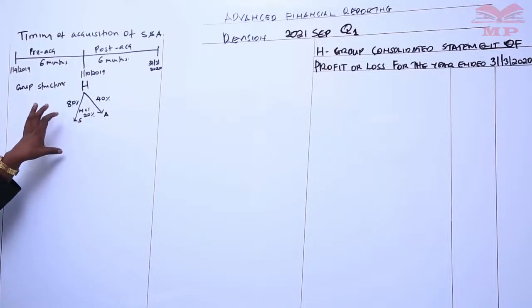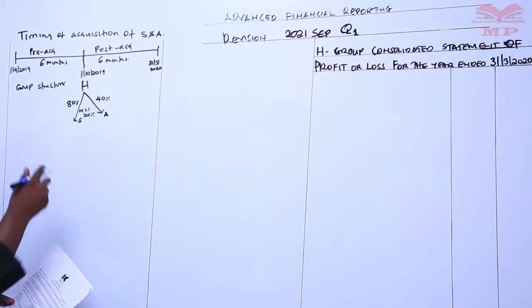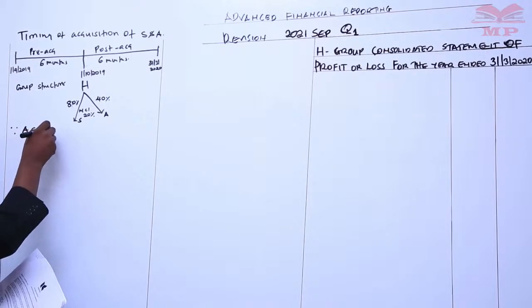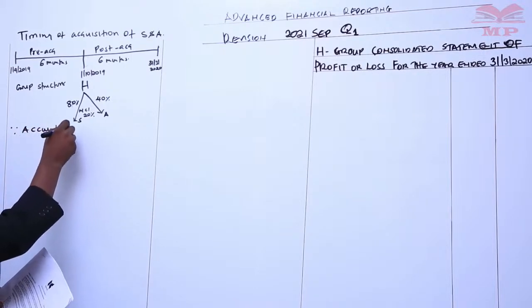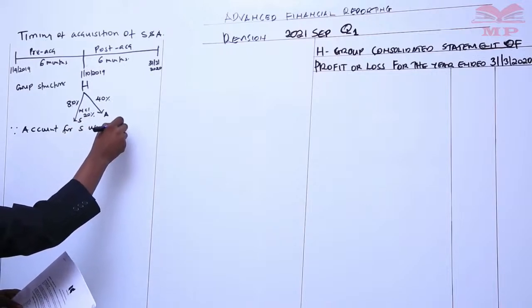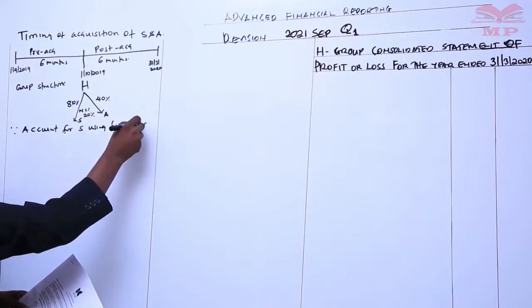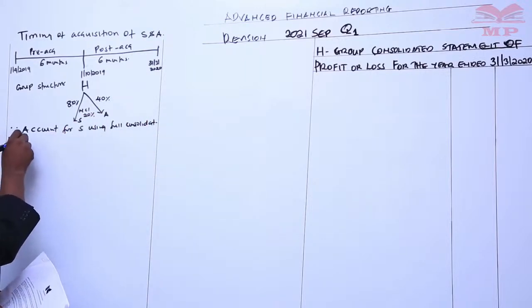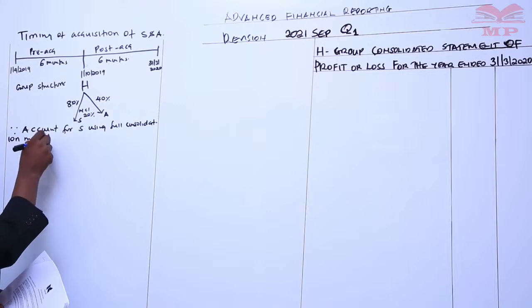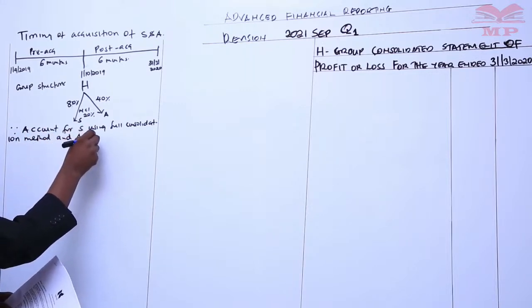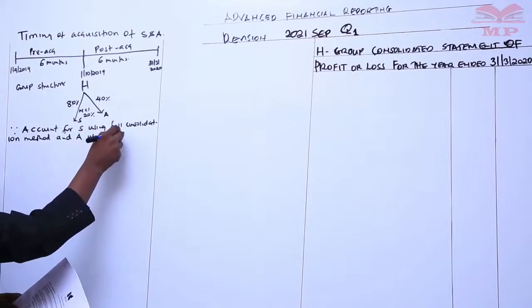Which accounting method are you supposed to apply? We're going to say that, therefore, account for S using the full consolidation method, and A using the equity method.